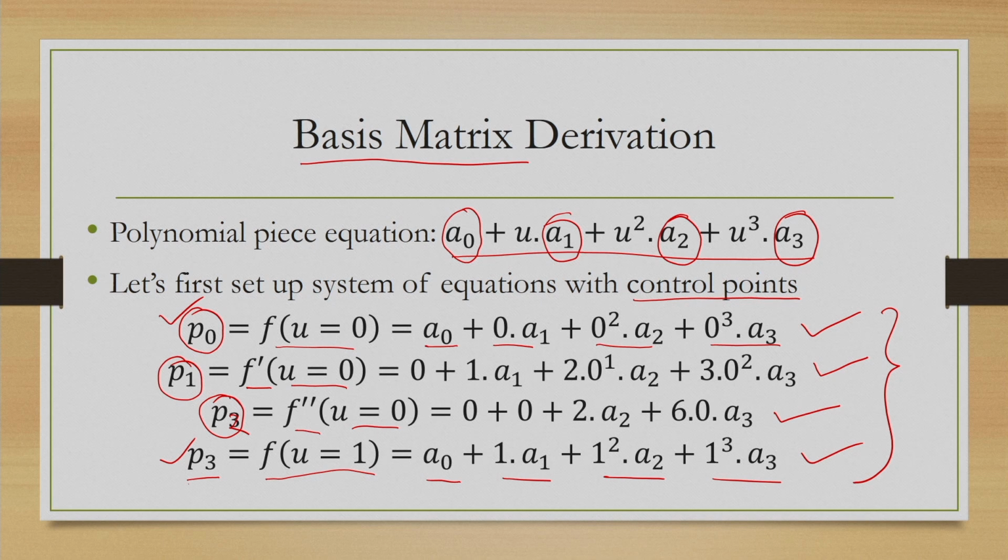How can we do that? We can first construct the constraint matrix by taking simply these values attached to the coefficients, and then we take the inverse of that to get the basis matrix.